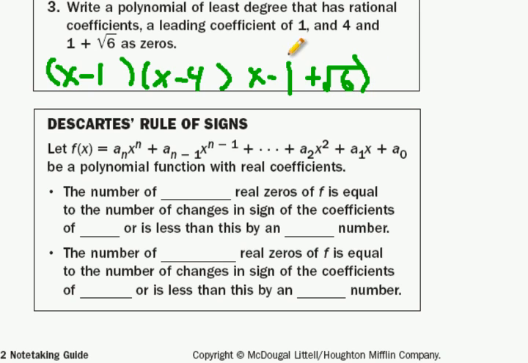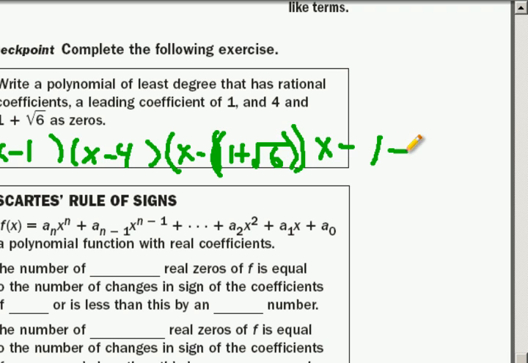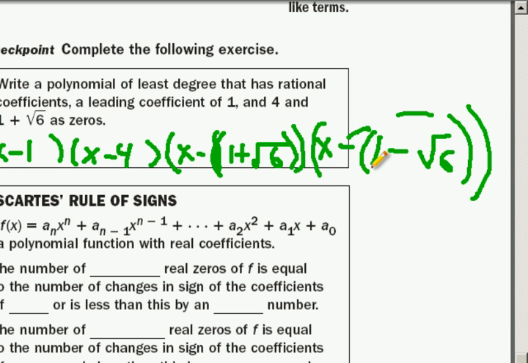And this little part has parentheses around it. The one piece that they didn't give me, that they should have given me, is an x minus 1 minus the square root of 6 with parentheses around it. Remember, you're going to have to eventually take that negative and go whoop, whoop through there.